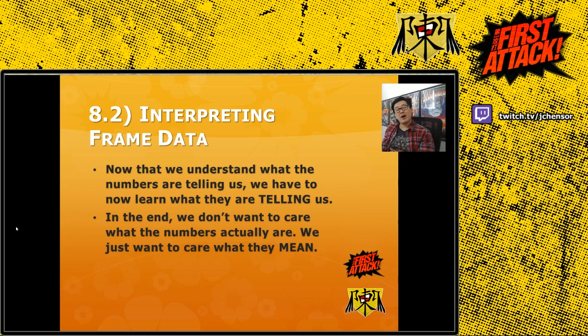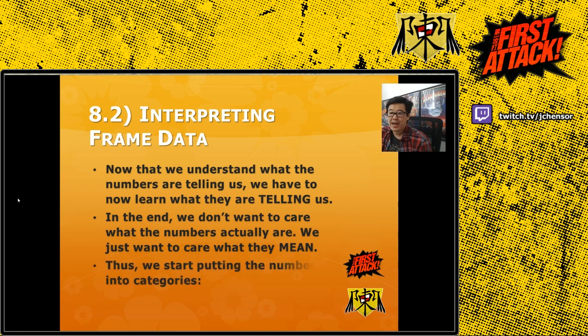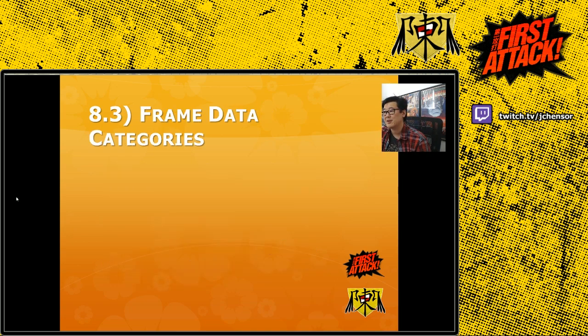And you don't want to memorize these numbers, as I've said. So one of the important things you're going to want to do is take these numbers and start translating them into categories. And that's what we're going to do here.